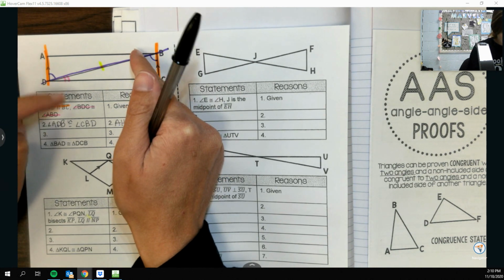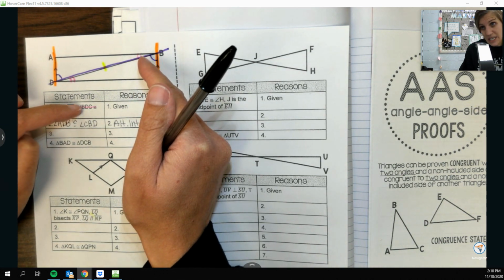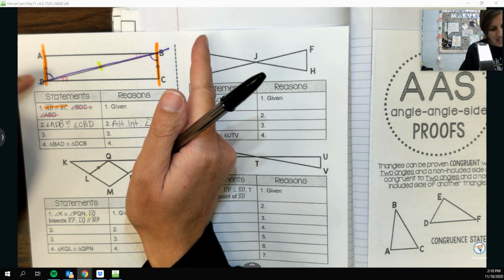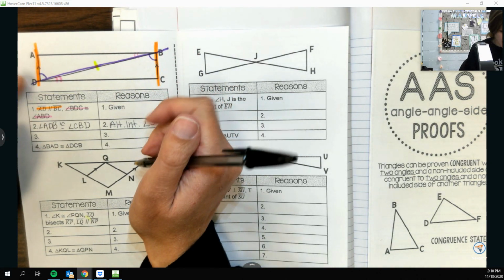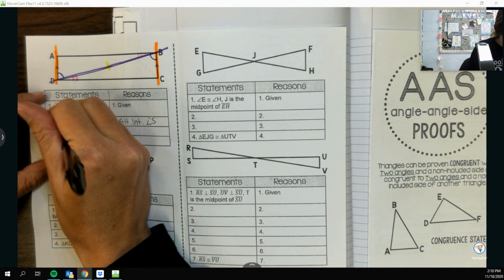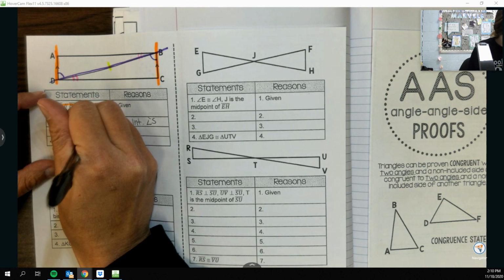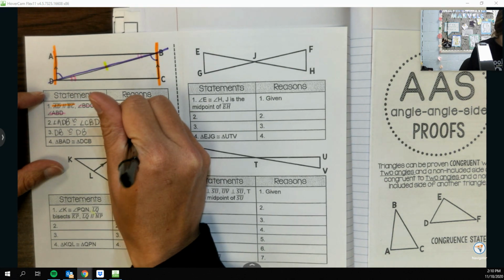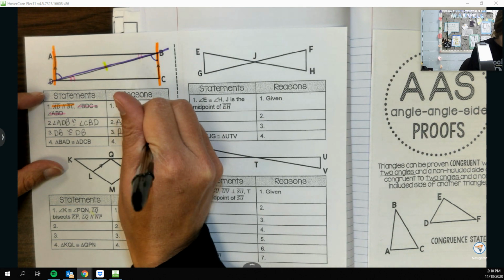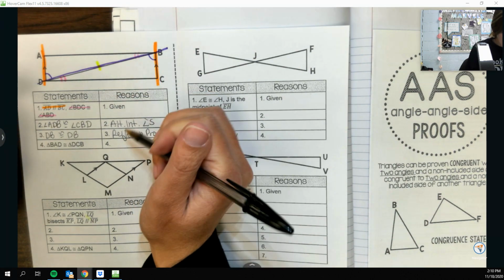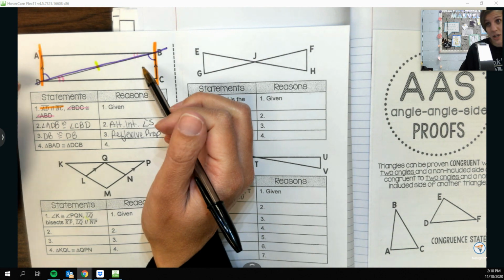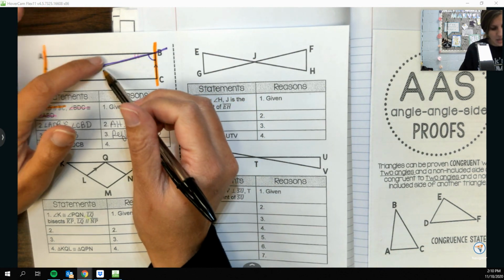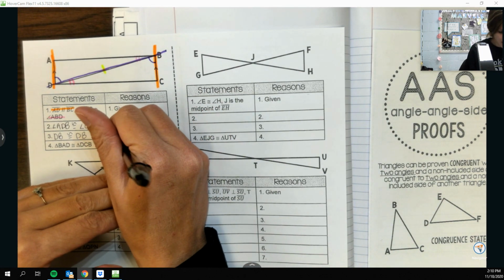Then I marked the pink angles, but we already have that, so I don't need to say it again. And then we were able to mark that DB was congruent to itself by the reflexive property. And these two triangles are then congruent by angle, side, angle, ASA.